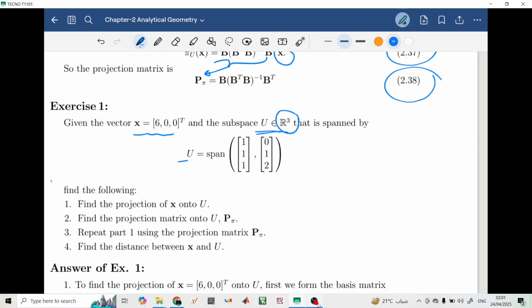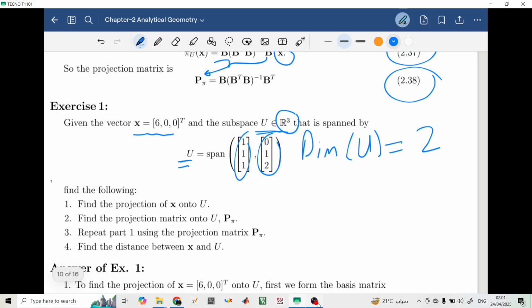The subspace U is spanned by those two vectors, right? So what is the dimension of U? The vector space U, it's 2, which is the number of the basis vectors.